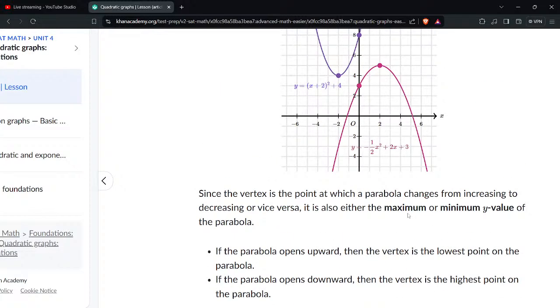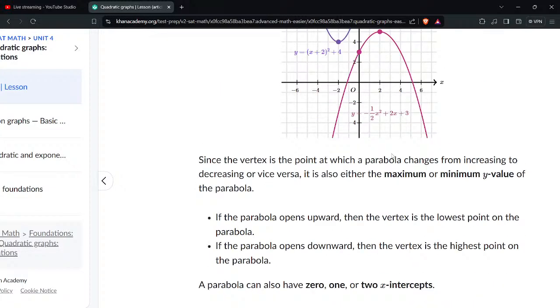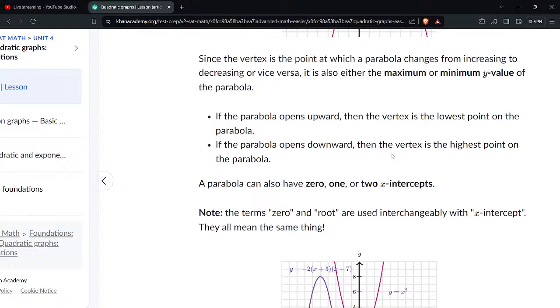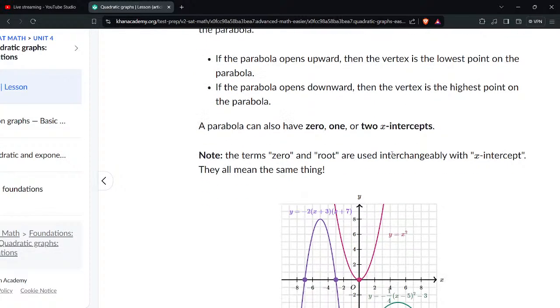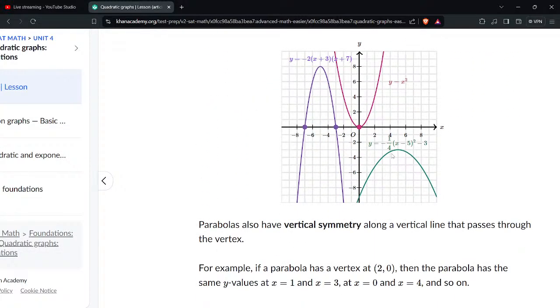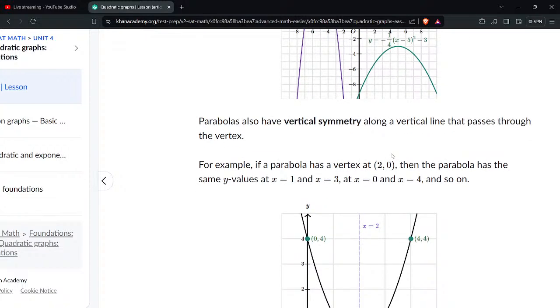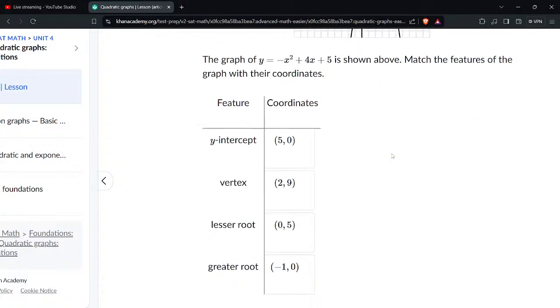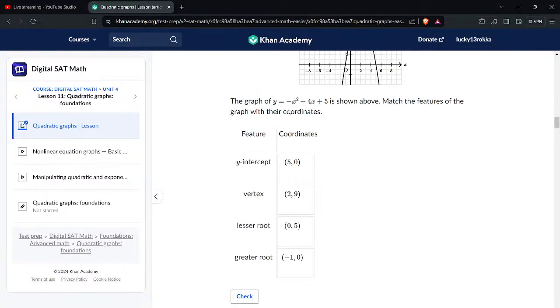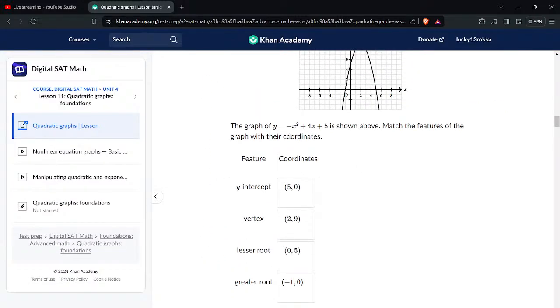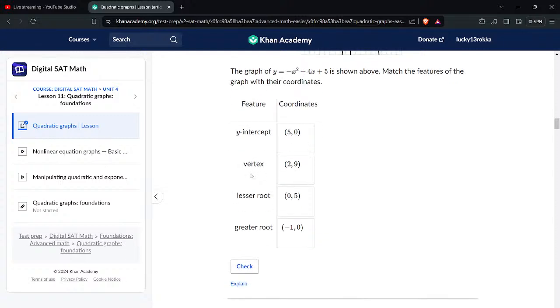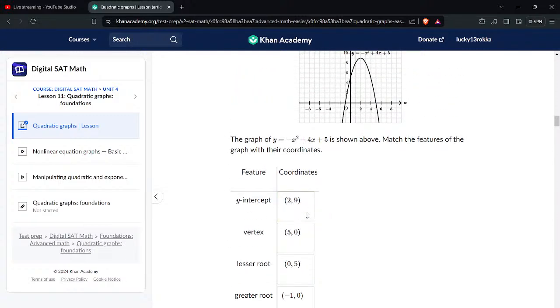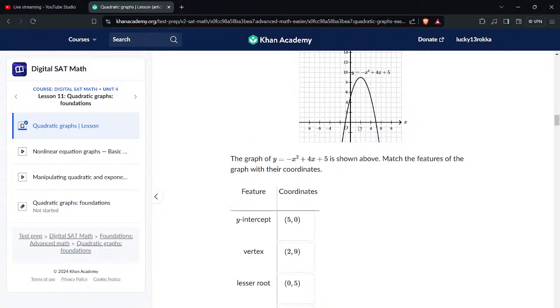Wait, what? 0, 1, or 2 x-intercepts? Yeah. Oh, yeah, this is easy. A graph of... I don't know, I was supposed to do this. Hey, wait.